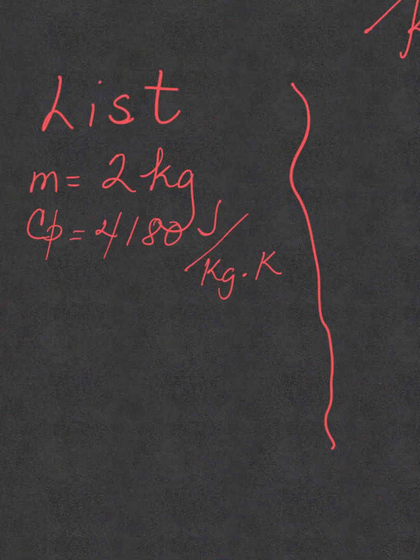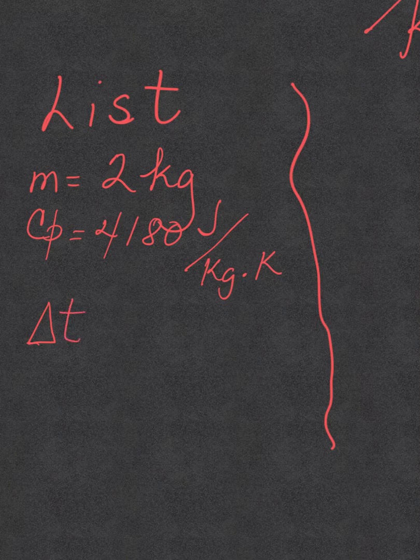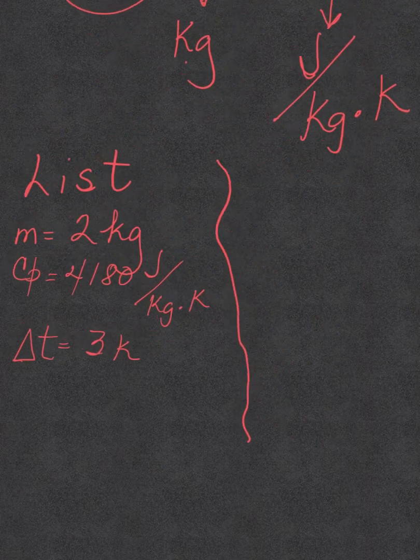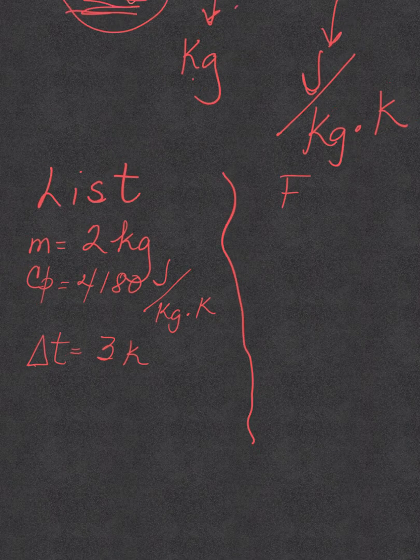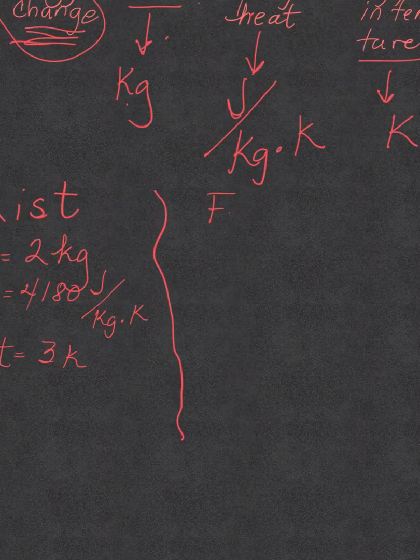So the difference, and in science, just to express difference, we use a Greek letter. It looks like a triangle, but it's the letter delta in Greek. The difference in temperature is equal to 3 Kelvin. So my second step, what is the second step? You have the formula and calculations.